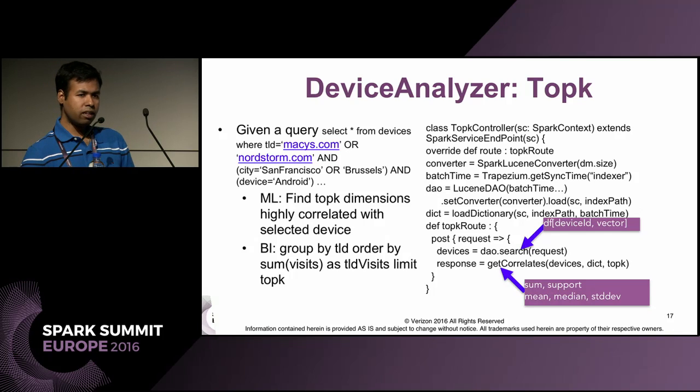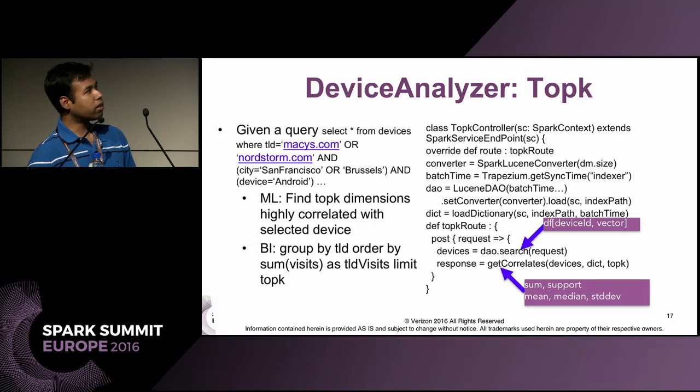Now the business intelligence version of this, a very similar call, says group by the top level domain, order by sum of visits, call it a TLD visit, and pick top K. Now you want to run all of these in 1 second on the data set that I showed.